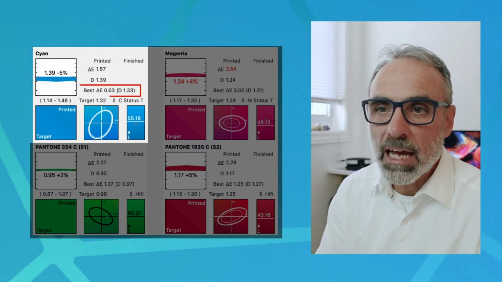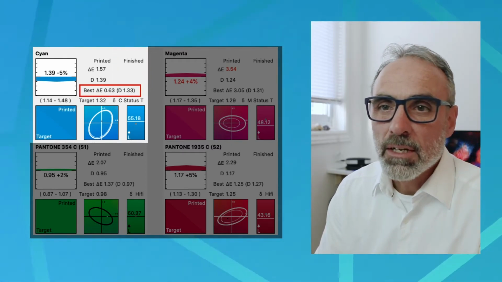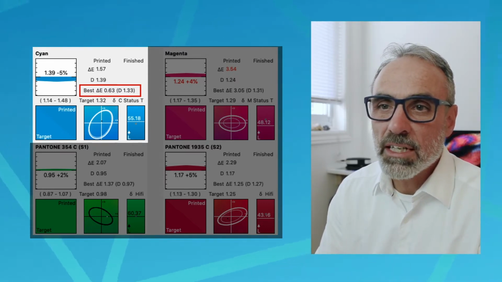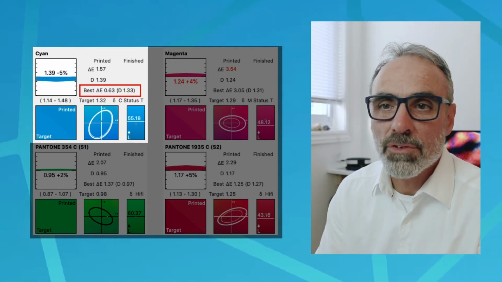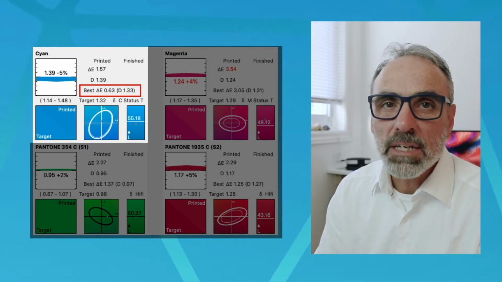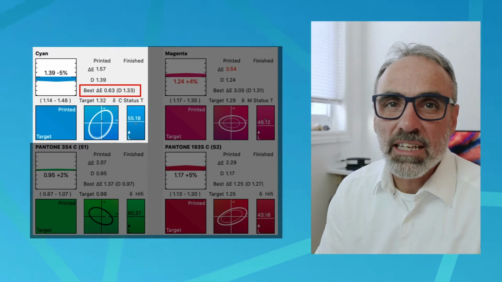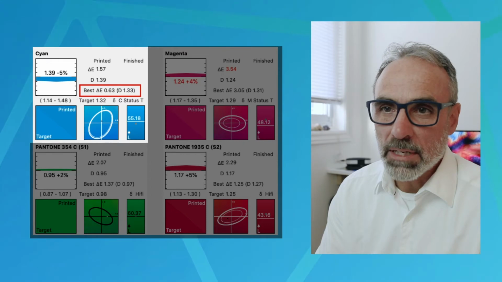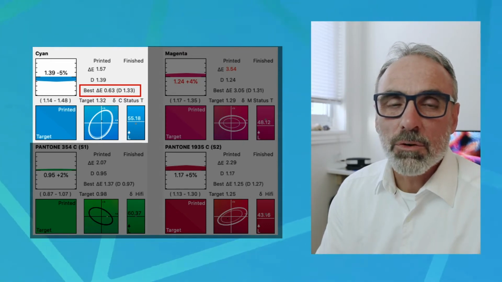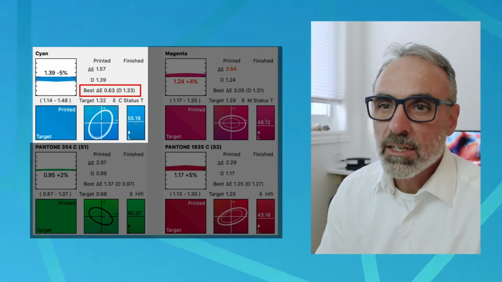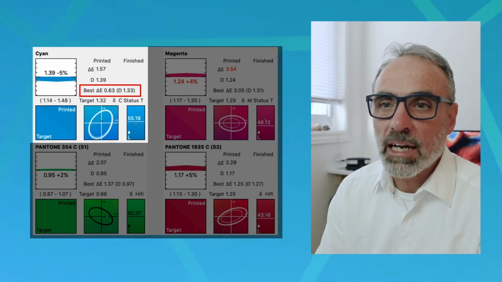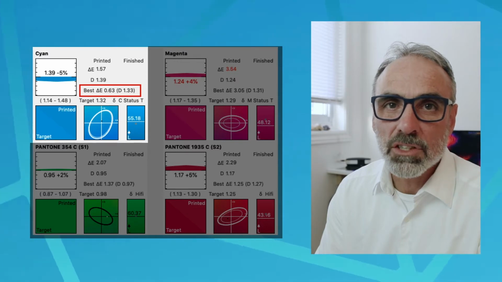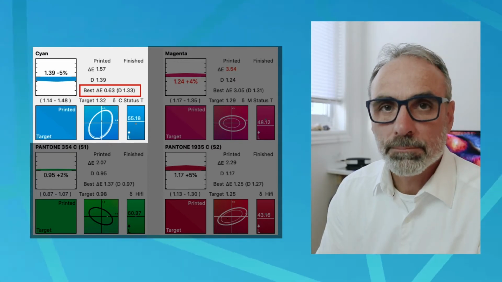Below those figures we have the best value. So the best delta E is 0.63 and was a density of 1.33. This means that the density of the best patch throughout the whole job has been of these values. So if you're reading multiple sheets, then pressSIGN will calculate the very best delta E of any of the patches that you've read throughout the job.